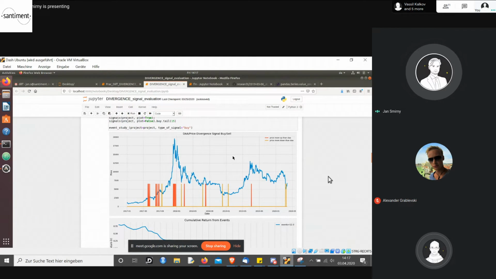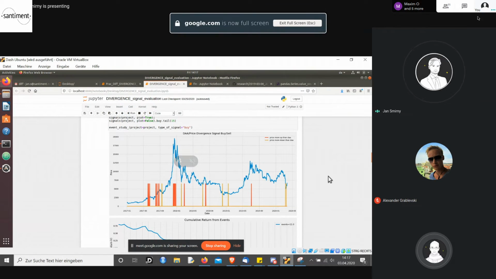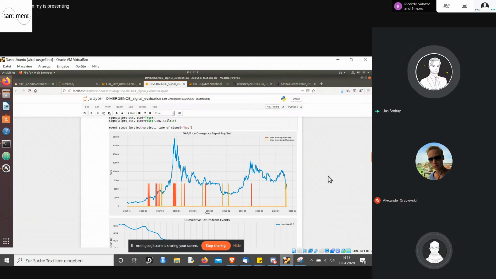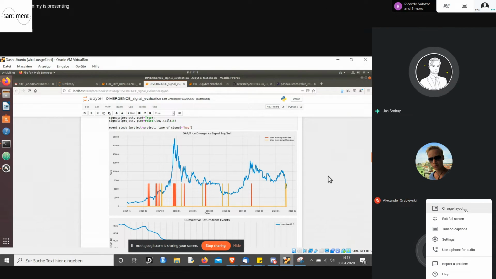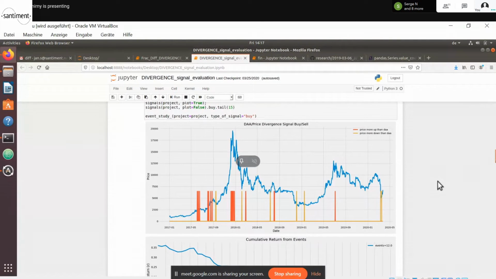The problem I had with this general methodology is the question of how do we define the trend, and how do we define the threshold, like what kind of difference in trend between daily active addresses and price do we see as a signal. Those are relatively arbitrary, actually.